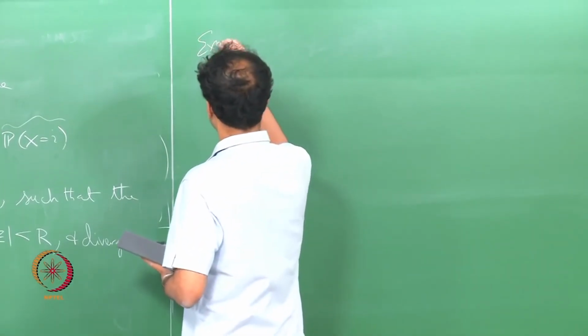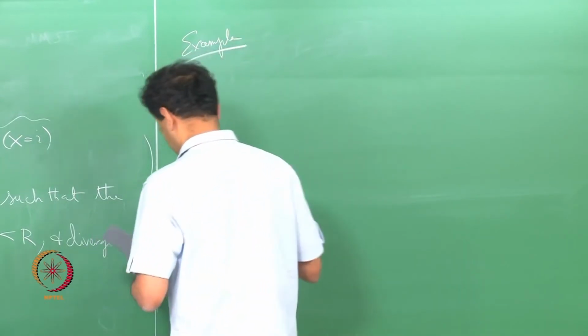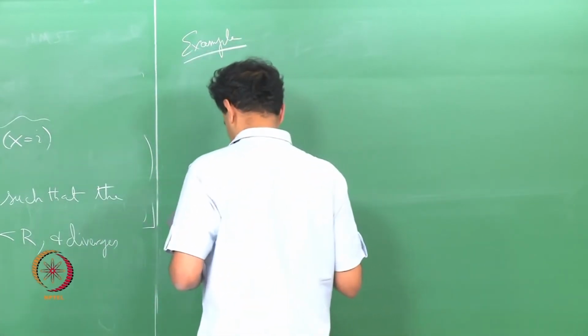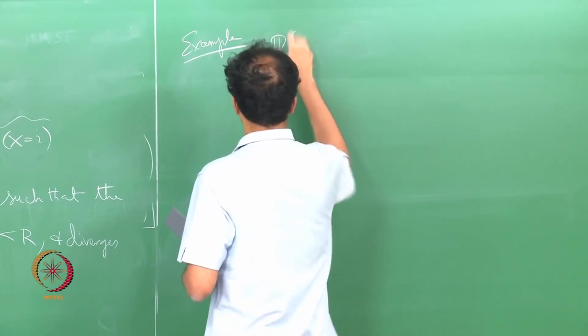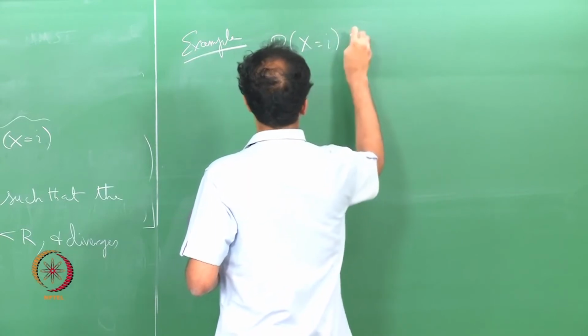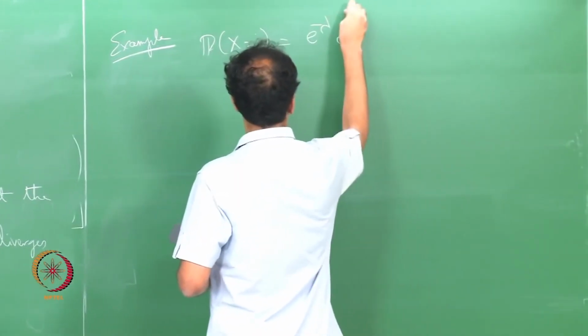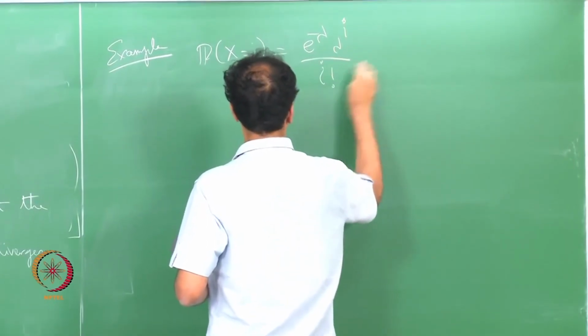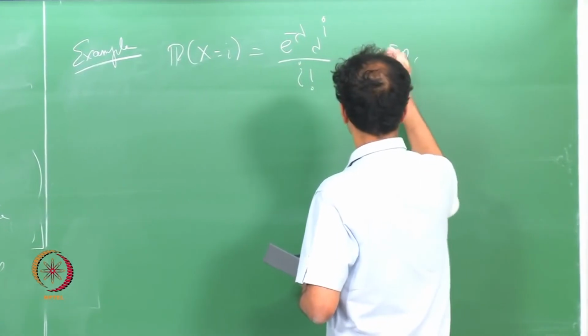So, let us do an example. Let probability of x equal to i be e power minus lambda, lambda power i by i factorial, i equal to 0 onwards.